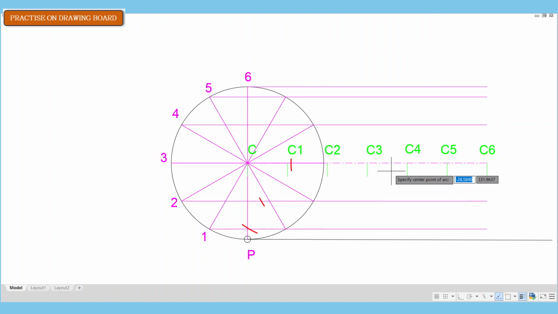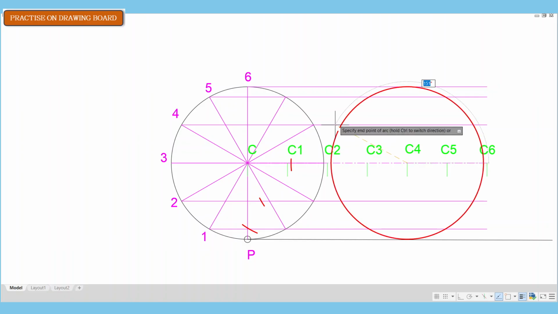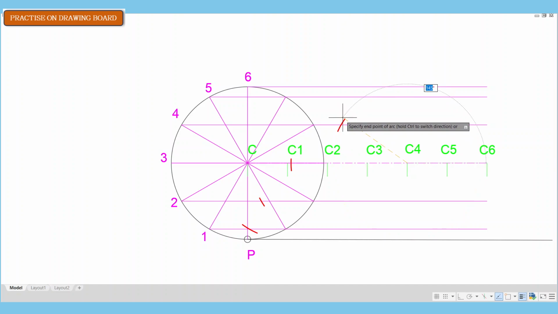Now we move to center 4, and then we look for the fourth horizontal line with same radius of 25. That will be our fourth point.